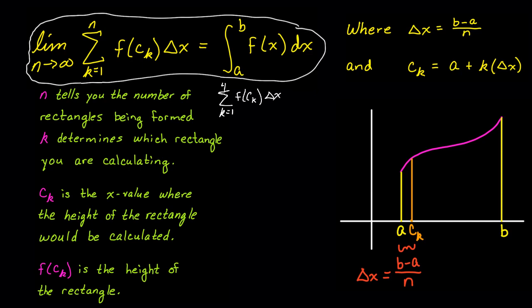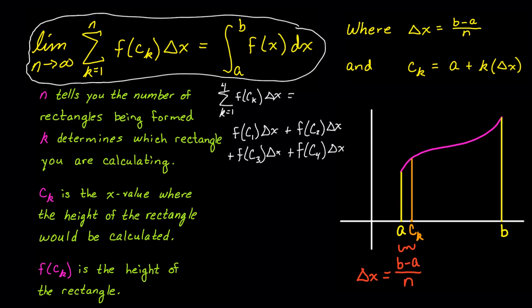So we just start replacing k with 1, plus, because sigma means sum, f of c sub 2 times delta x plus f of c sub 3 times delta x plus f of c sub 4 times delta x.